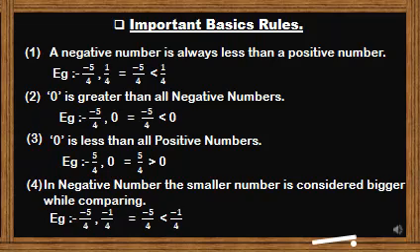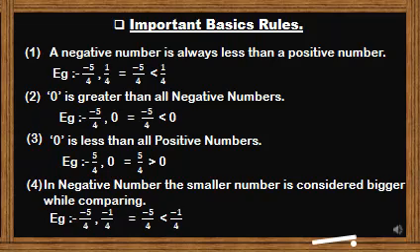Second one, 0 is greater than all negative numbers. Example, minus 5 upon 4 and 0. Here 0 is greater and the negative number is less. It can be any negative number, minus 1, minus 2, minus 6, minus 10. It will always be less than 0.